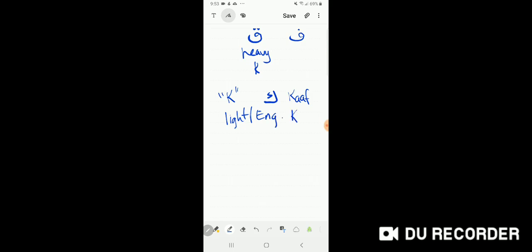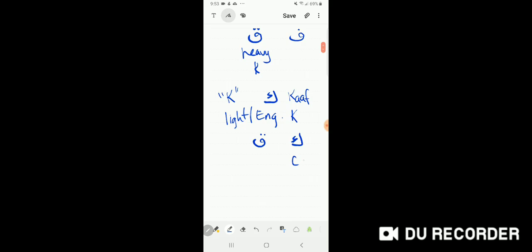So what we want to do is compare the two. When we're writing the letter kaf, it's a straight line like an alif, and then a horizontal line out, and then this sort of diagonal shape inside. If this was an alif, the kaf is the same length as the alif. So we're comparing the kaf and the qaf.